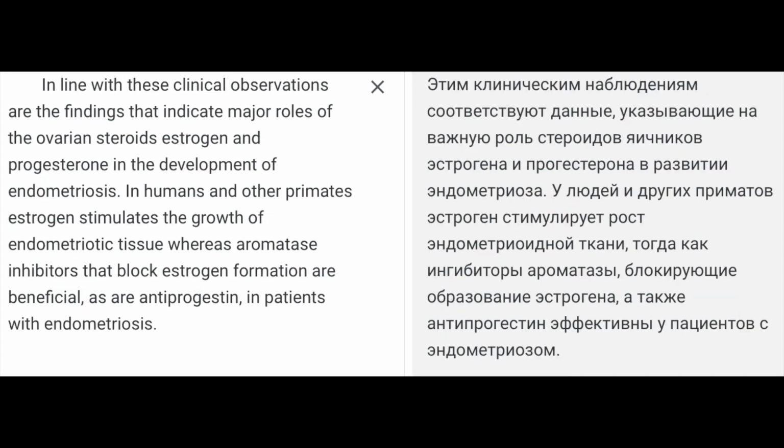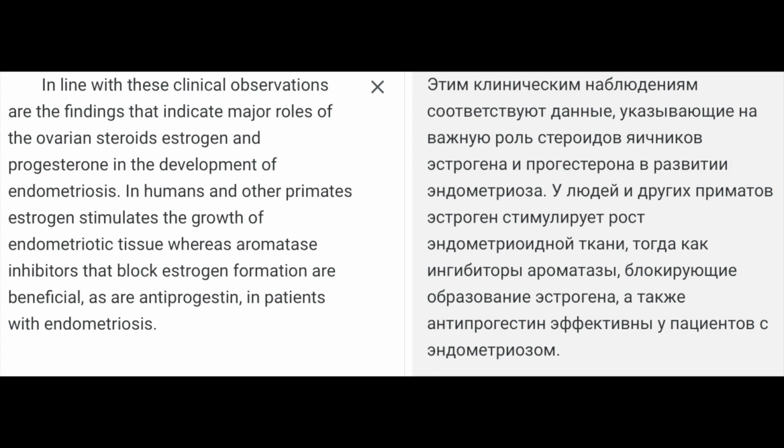In line with these clinical observations are the findings that indicate major roles of the ovarian steroids estrogen and progesterone in the development of endometriosis. In humans and other primates, estrogen stimulates the growth of endometriotic tissue, whereas aromatase inhibitors that block estrogen formation are beneficial, as are antiprogestins.